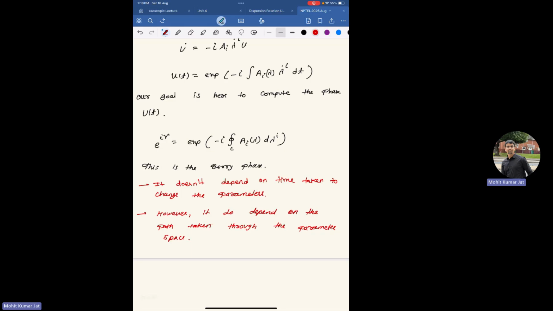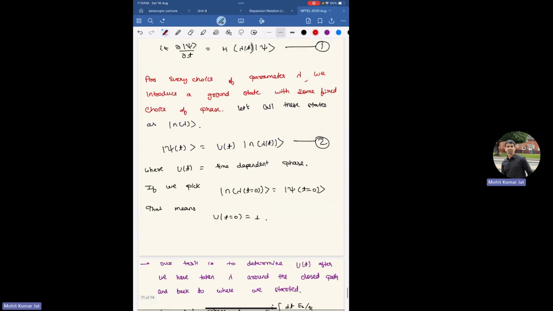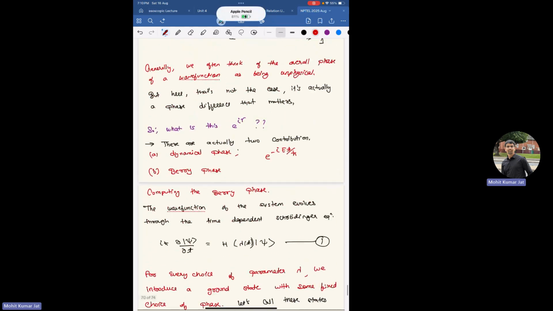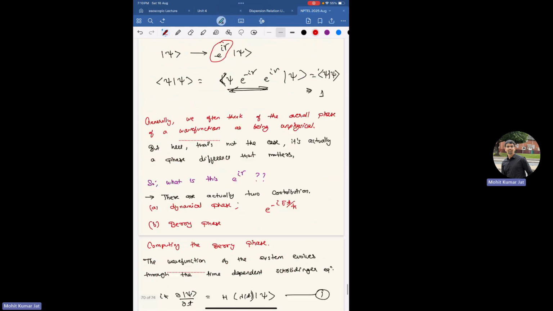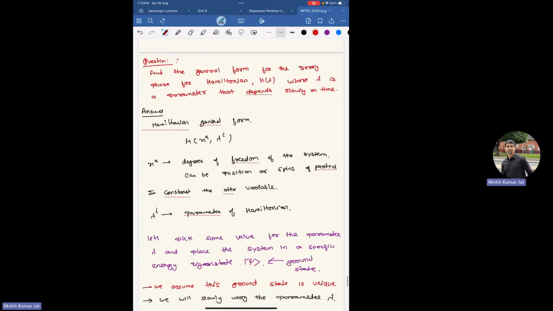If there is a Hamiltonian which is a function of lambda, you vary the lambda, and then you define your energy states. Let me go to the very beginning. You have your Hamiltonian H, in which x_a are your degrees of freedom, and lambda_i is the parameter which you can tune, the knob.